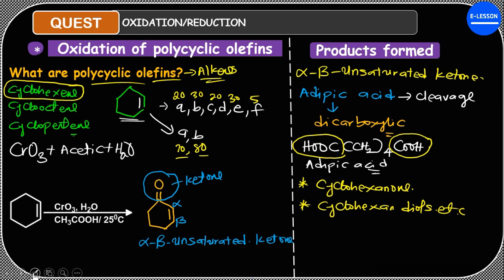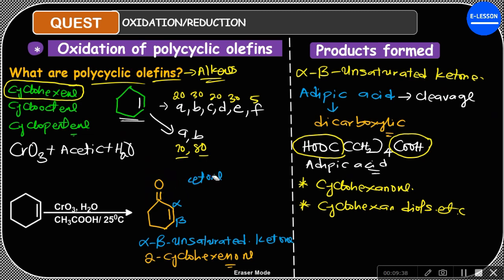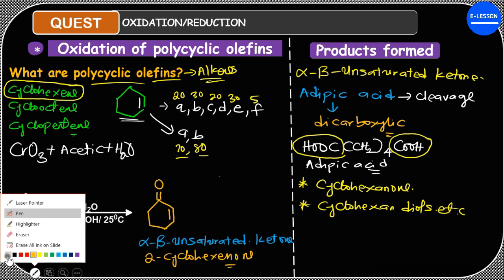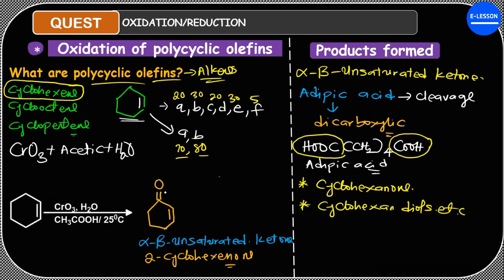And then the name of this compound, we can call it 2-cyclohexenone. Reason being that if you count this now, forget about the alpha-beta unsaturated. From organic nomenclature, the carbon where the functional group is attached is number 1.